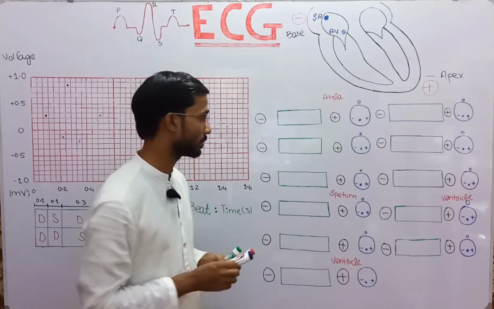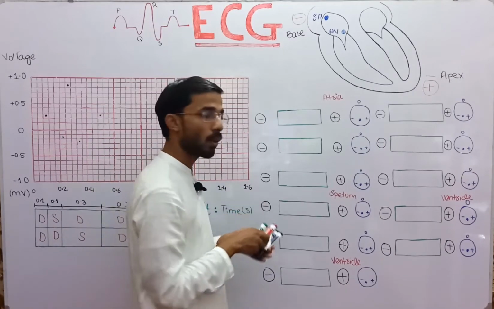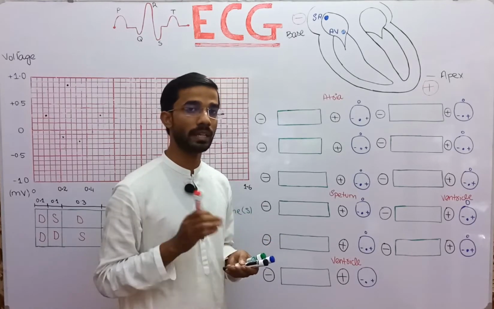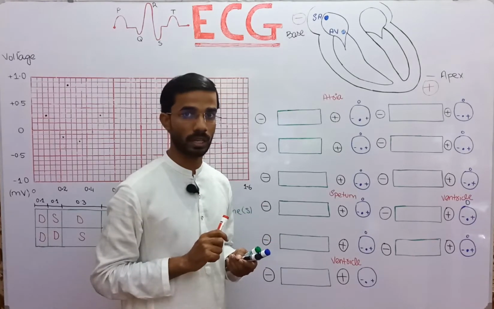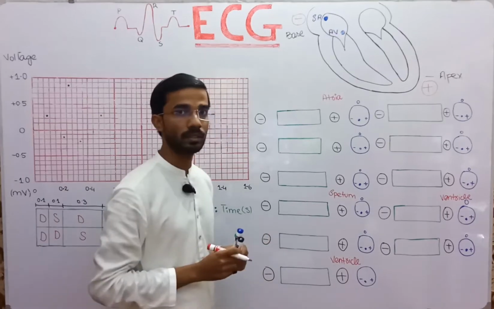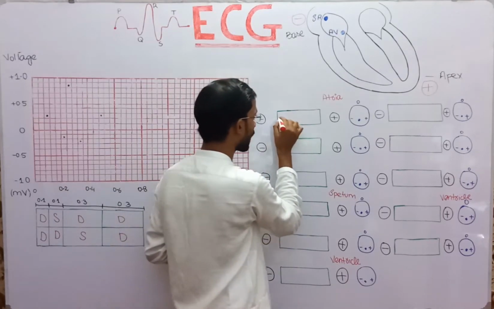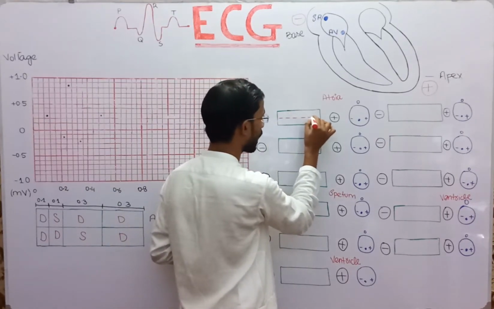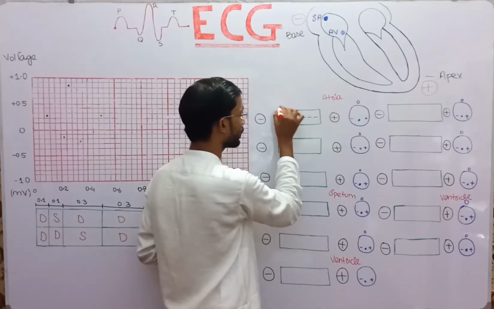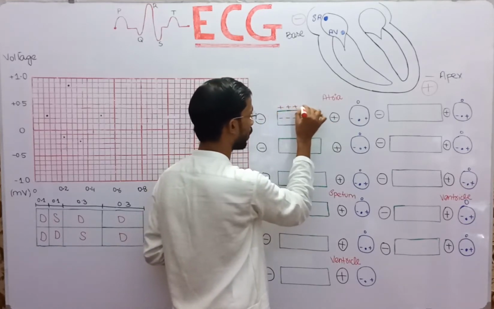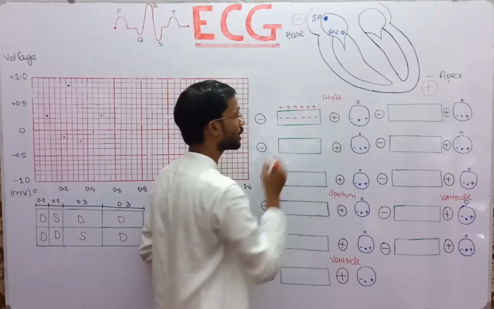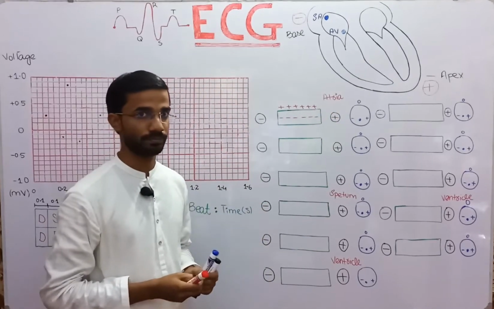What does it mean? When someone says that the cells are in polarized state, it means that the inside of the cell is negative and the outside of the cell is positive.